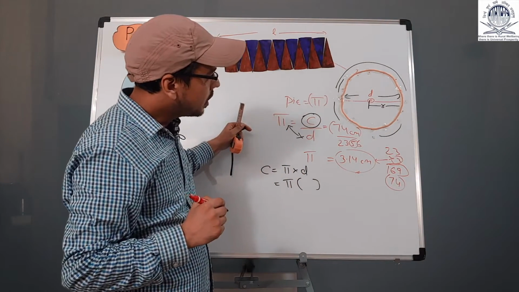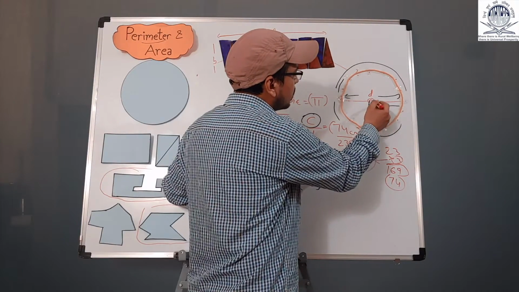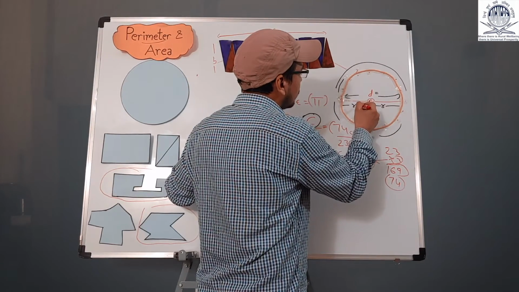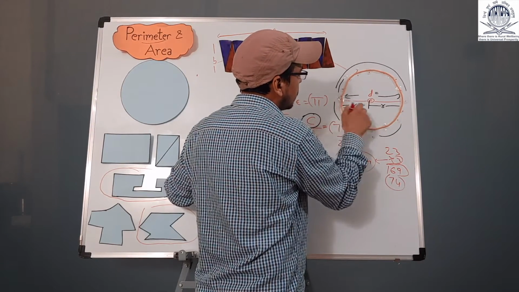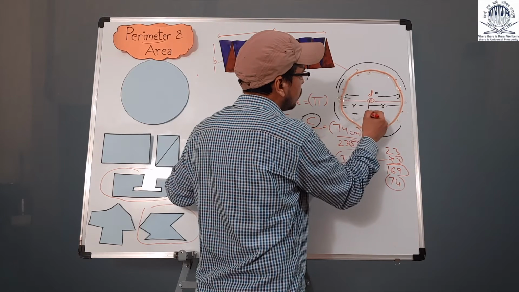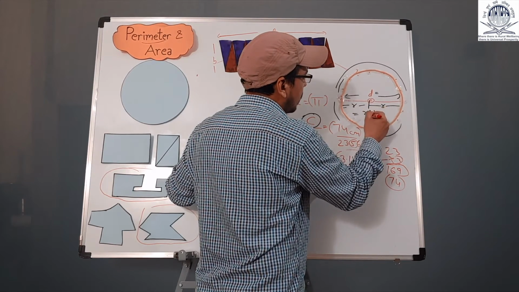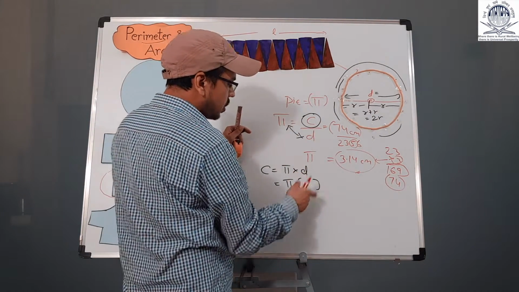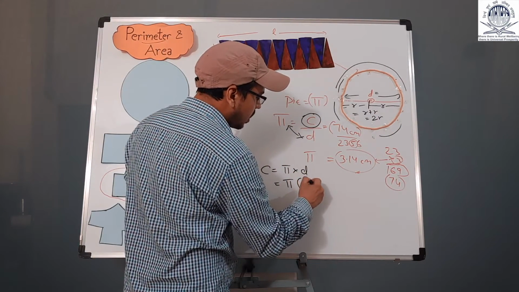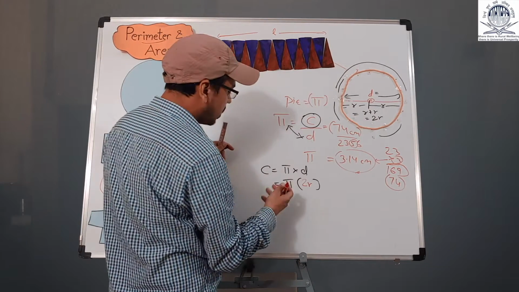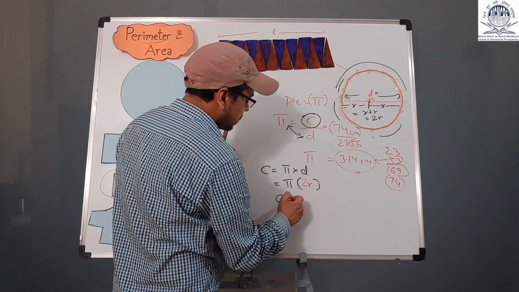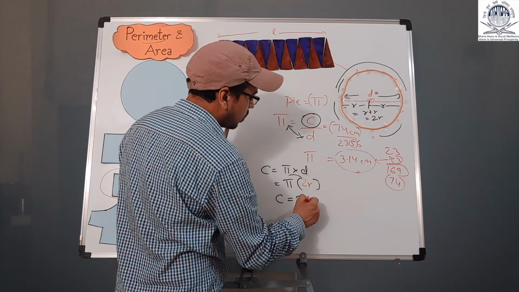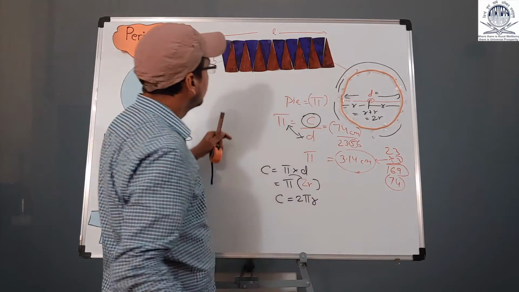Now when we say that radius is half of diameter, obviously diameter is r plus r, which you can also say is 2r. So instead of diameter I can write 2r, and my final formula comes out to be: circumference of circle is 2 pi r.